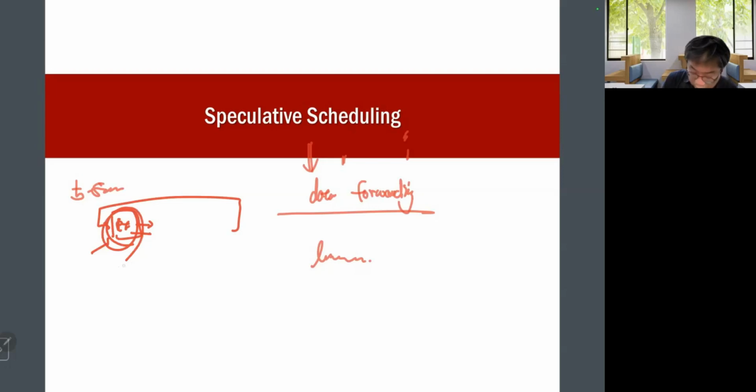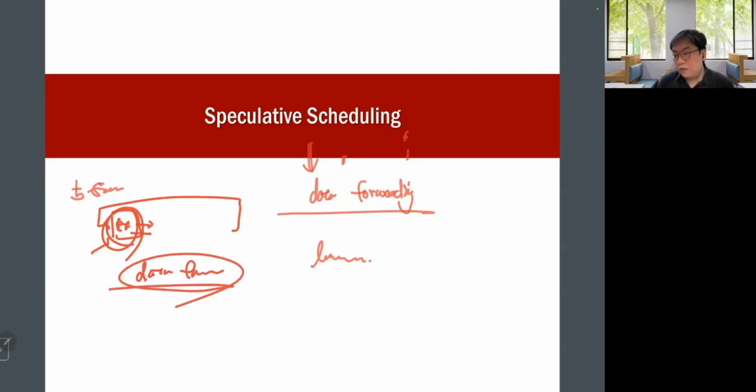We don't have a data forwarding path, but with a data forwarding path, we can solve the data hazard, like the load hazard. With data forwarding, we can reduce the wasted clocks in the static pipeline.